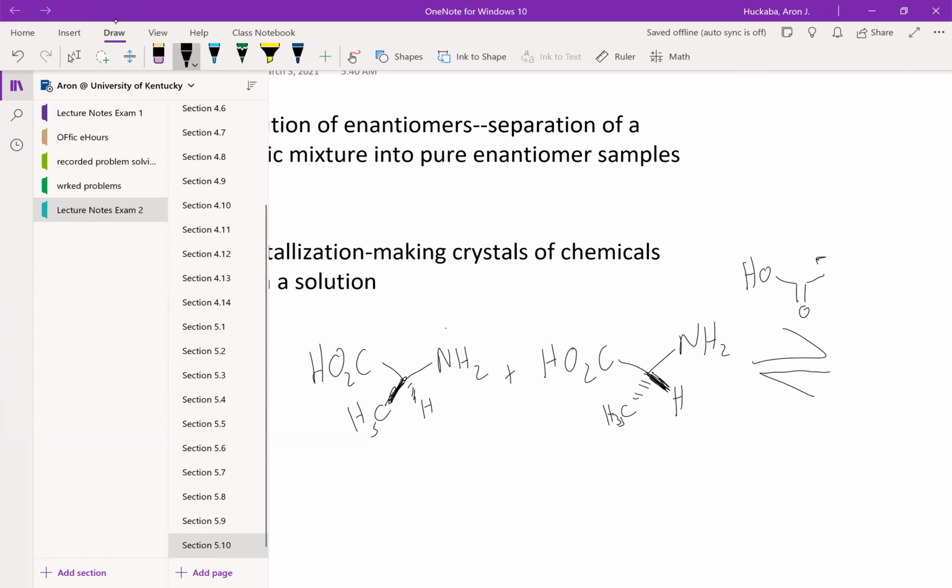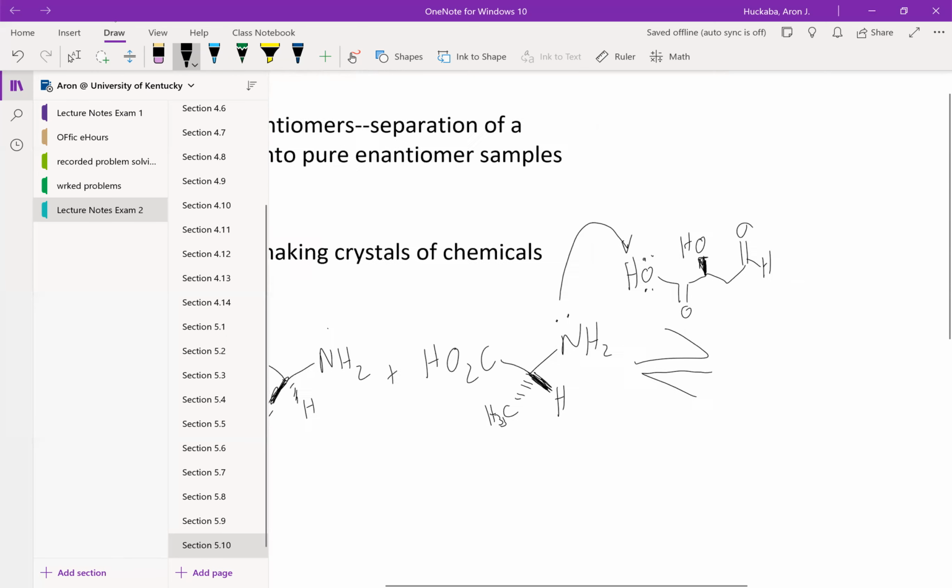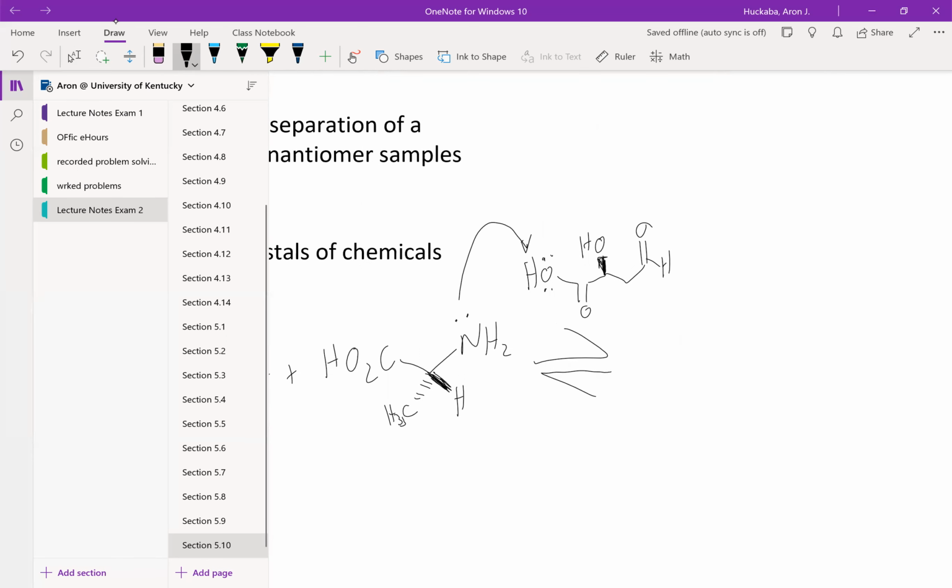If you take malic acid, you can have a protonation like this that makes diastereomers of each of these molecules. Like this one, for example.